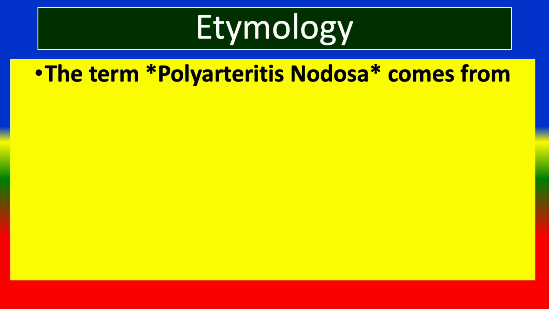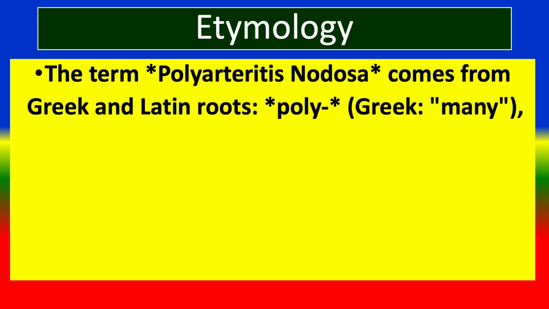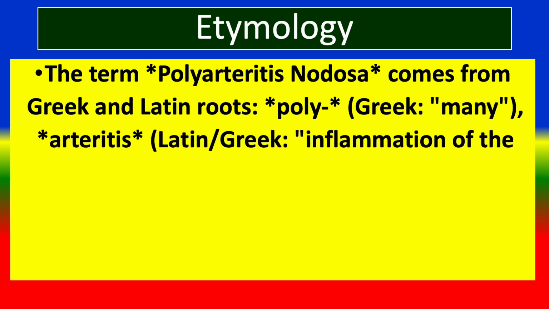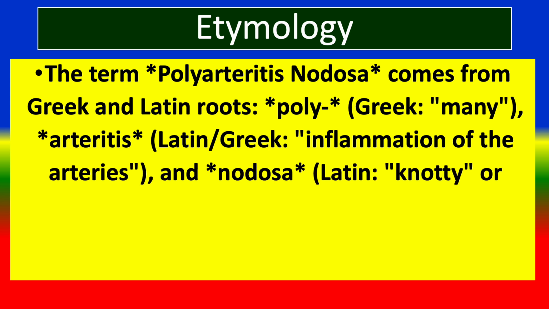Etymology. The term polyarteritis nodosa comes from Greek and Latin roots. Poly, Greek, many. Arteritis, Latin and Greek, inflammation of the arteries.